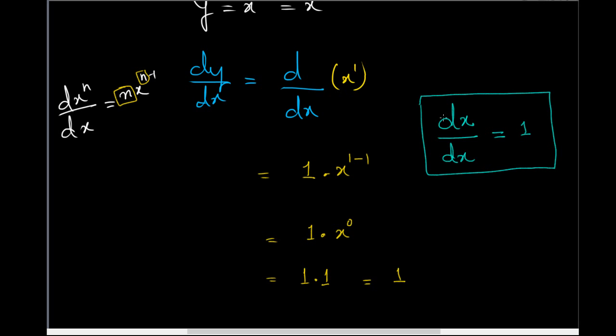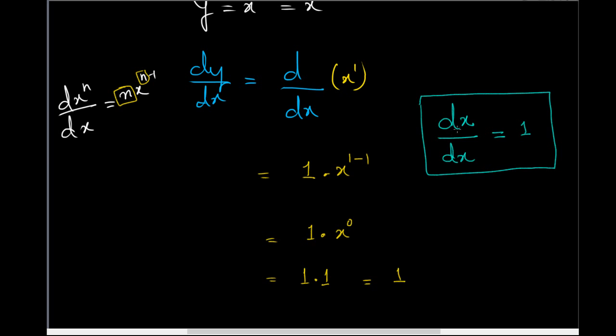This is not actually a formula, but we are going to have this situation several times while solving questions. We'll come across this function x and we'll have this expression. So whenever we see x anywhere and we have to differentiate that x, we don't need to apply this formula directly.